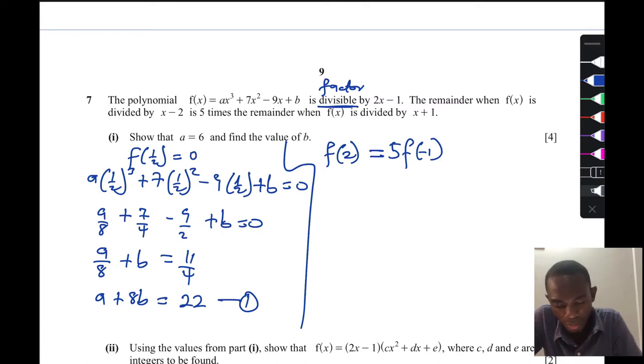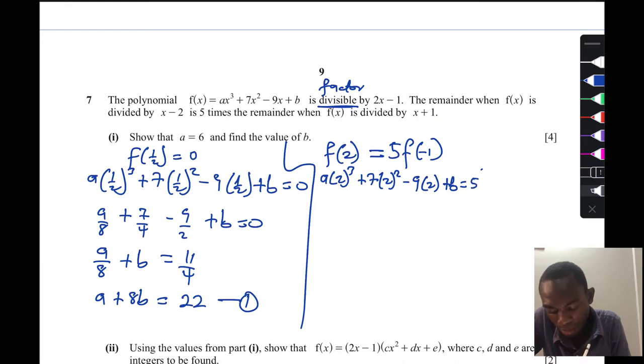So that means we have to work on f of 2. That will be a into bracket 2 cubed plus 7 into bracket 2 squared minus 9 into bracket 2 plus b is equal to 5 times a into bracket negative 1 cubed plus 7 into bracket negative 1 squared plus negative 9 into bracket negative 1 plus b.